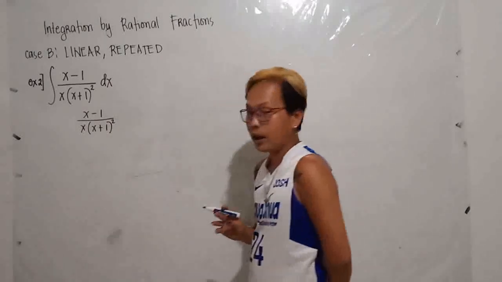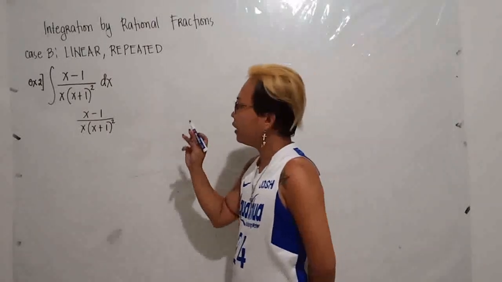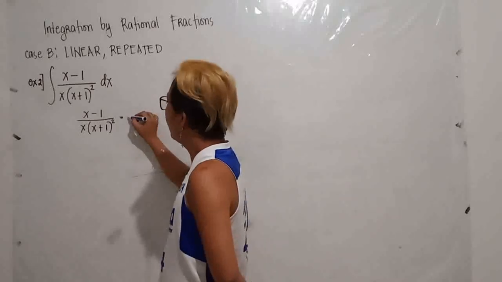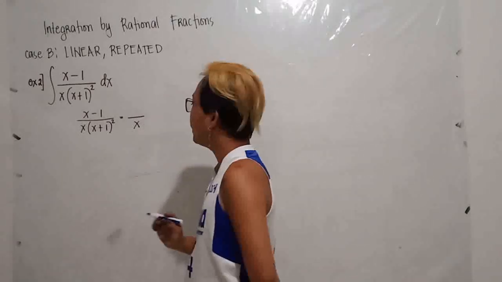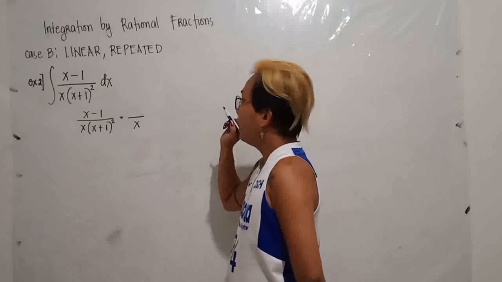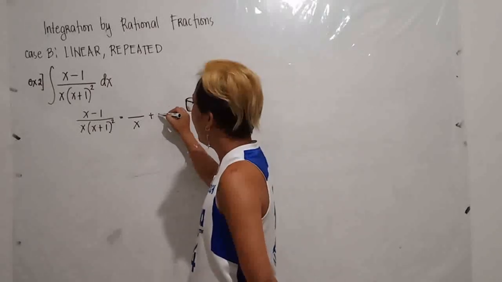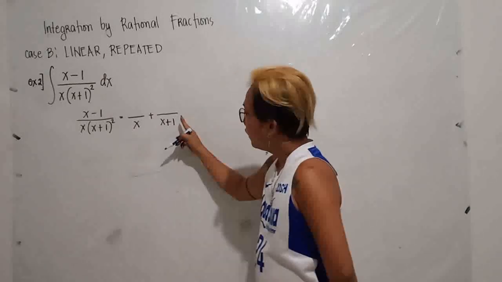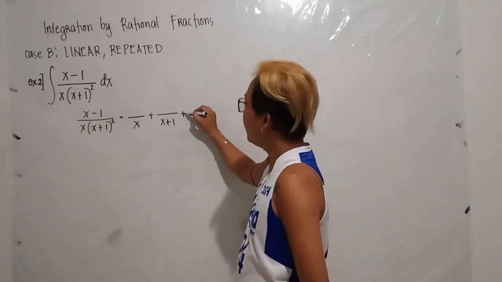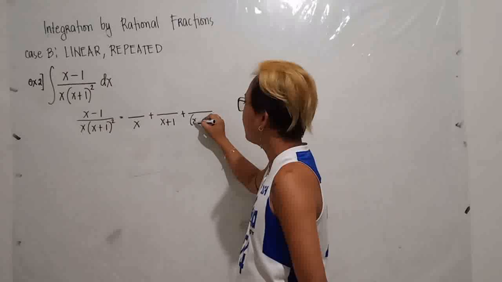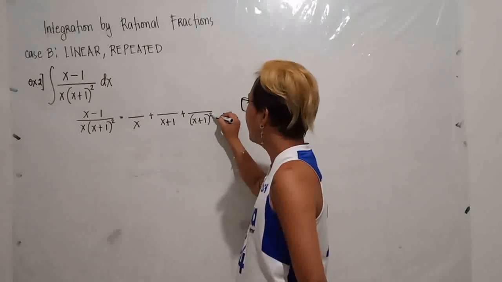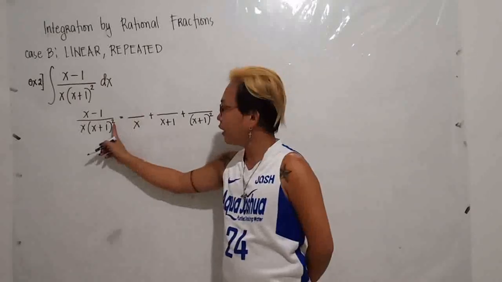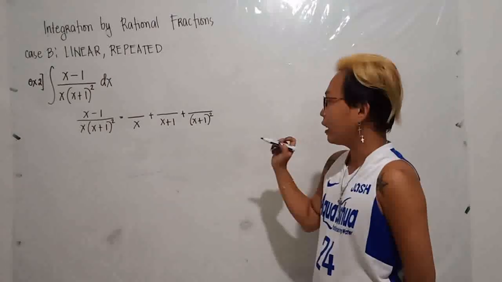So pag iiwa-hiwalayin natin, pagdating sa non-repeated, you will have over x. Then pagdating naman sa repeated, you will have x plus 1 raised to 1, then the other one is x plus 1 squared. So, stop tayo kay squared kasi hanggang squared lang naman sa x plus 1.